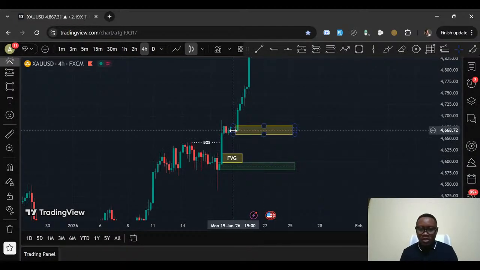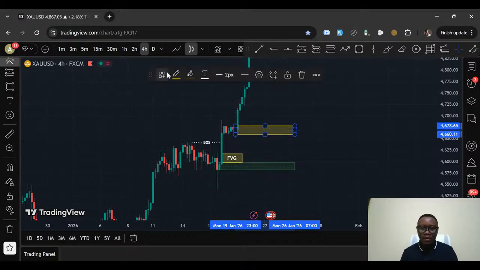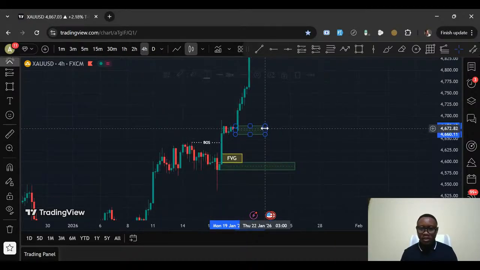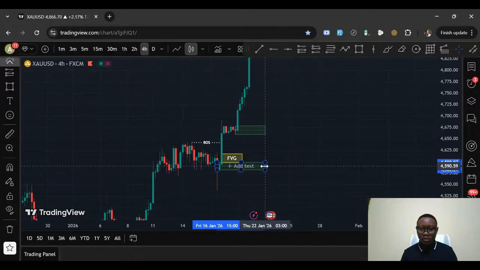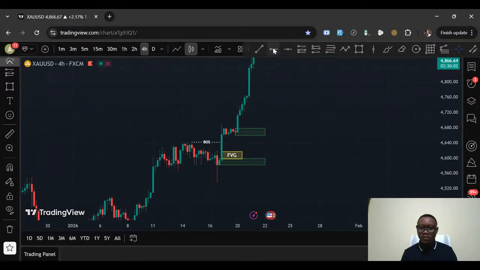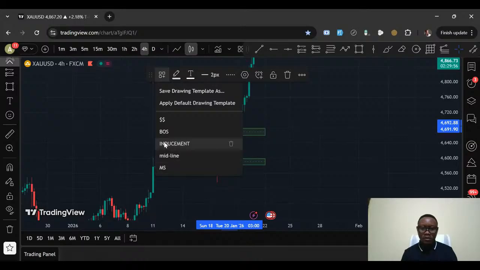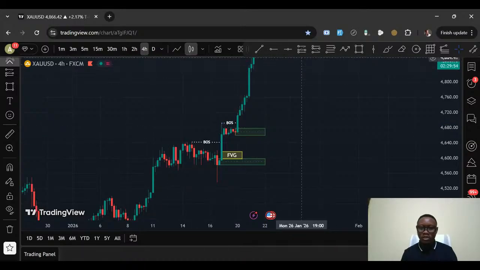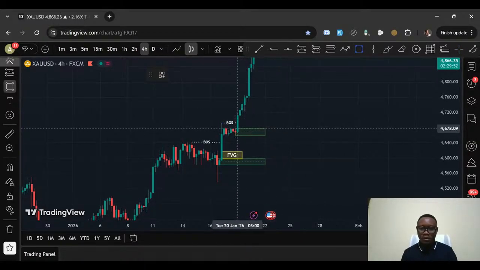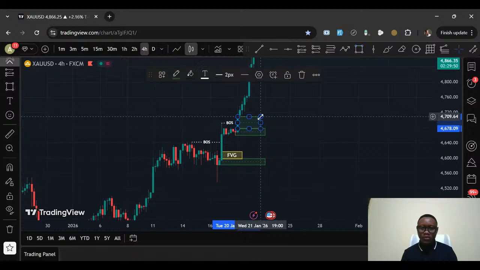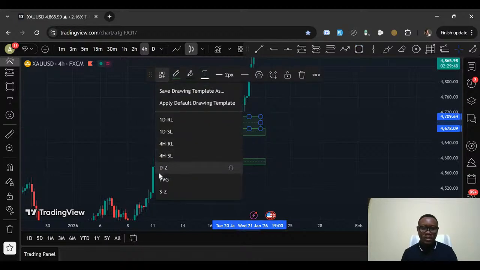All right, so we have this order block here. Push the line a little. So this is our break of structure. And of course, this is our fair value gap. So let's mark this as FVG.